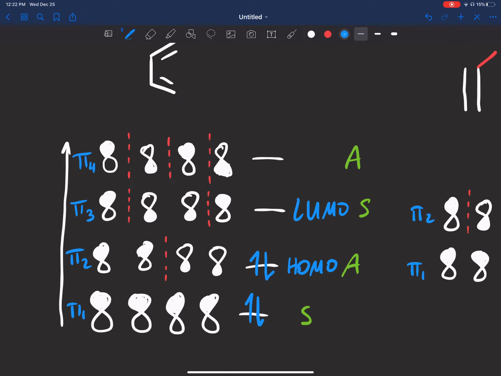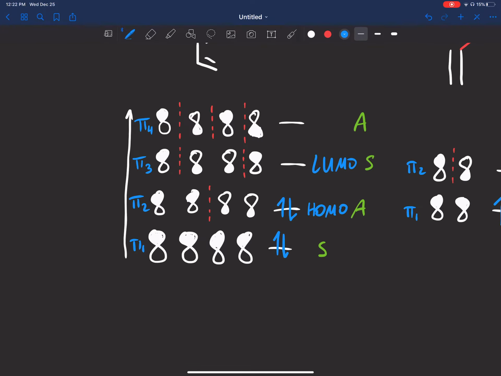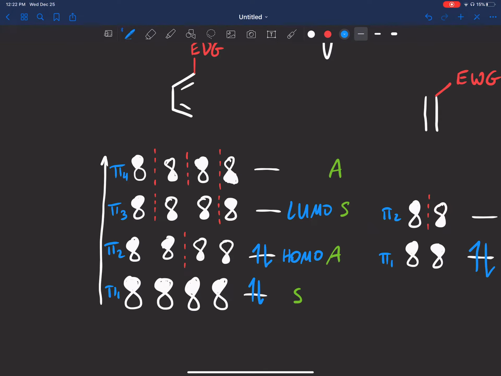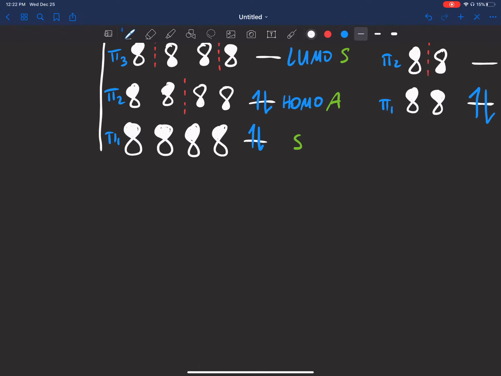You can see this in all these molecular orbital diagrams, right? The more electrons we have, so if I put, let's say, electrons into this orbital up here, pi 3, that's a higher energy, right? So what electron donating groups do is they raise the energy of the HOMO. So electron donating groups raise the HOMO.